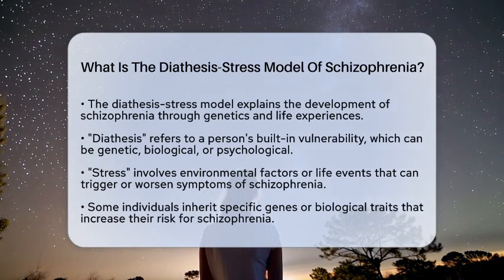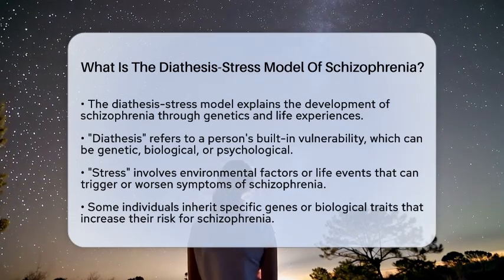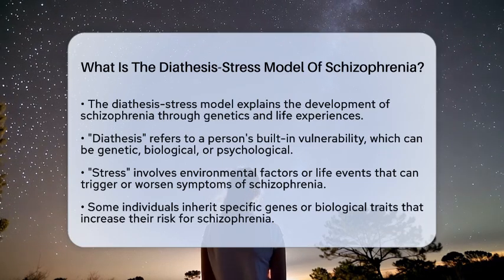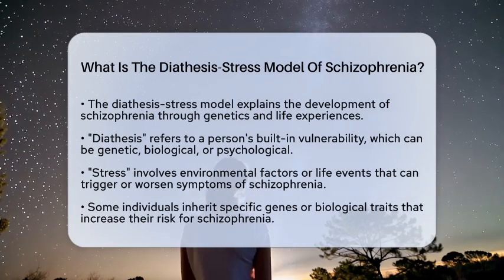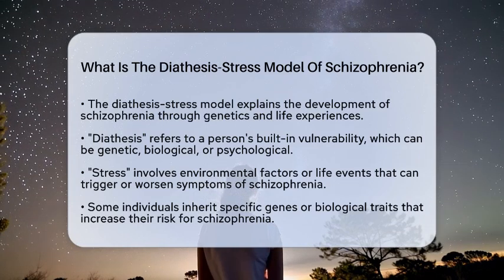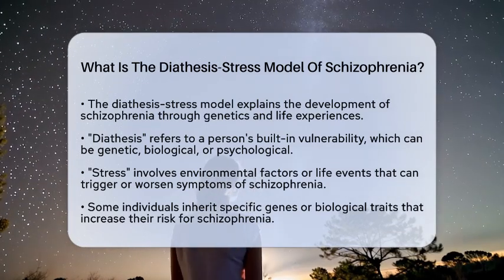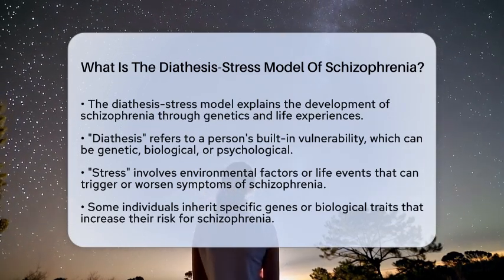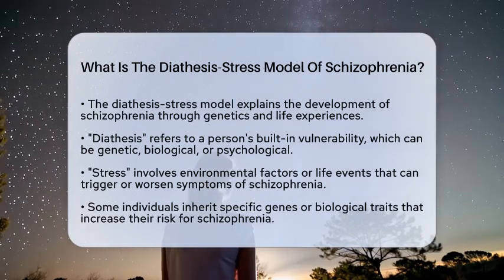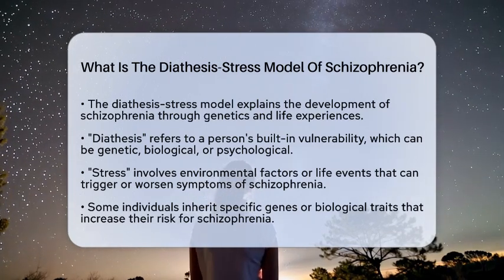experiences. In this context, the term diathesis refers to a built-in vulnerability or predisposition. This can be genetic, biological, or psychological. On the other hand, stress involves environmental factors or life events that can trigger or worsen symptoms.